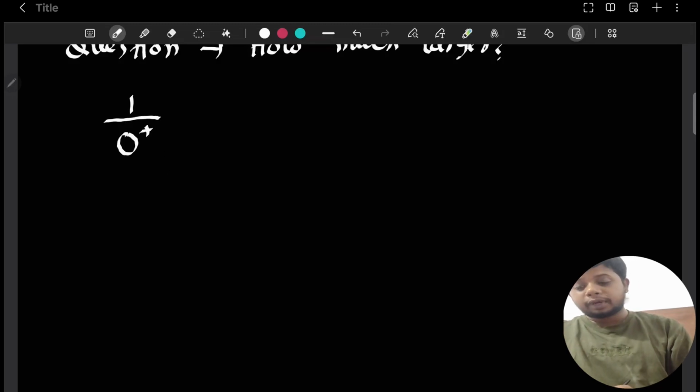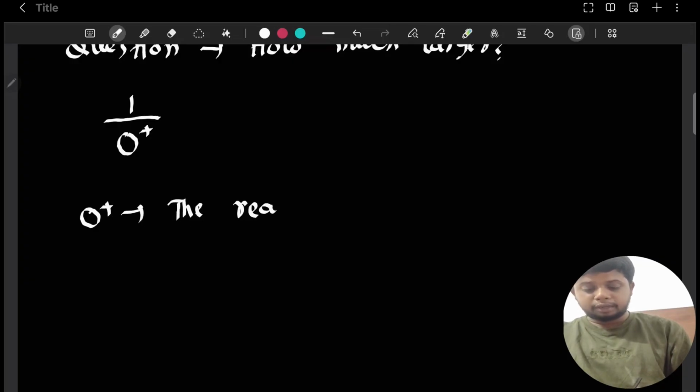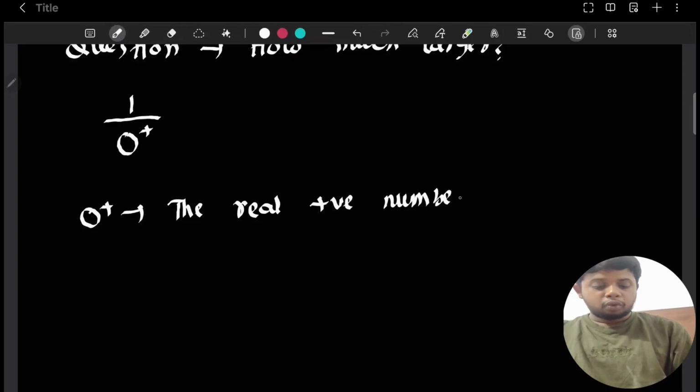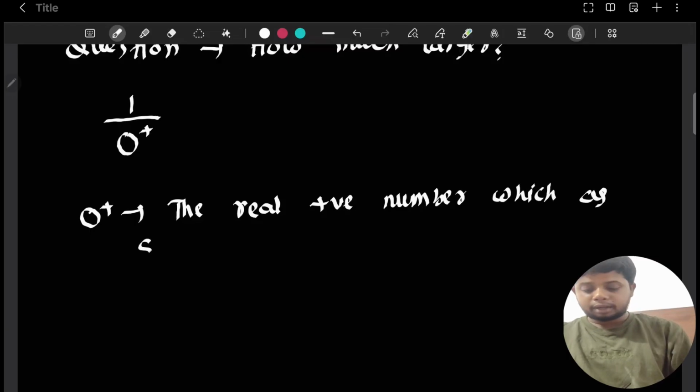So what is 0 plus? It is the real positive number which is as small as possible.